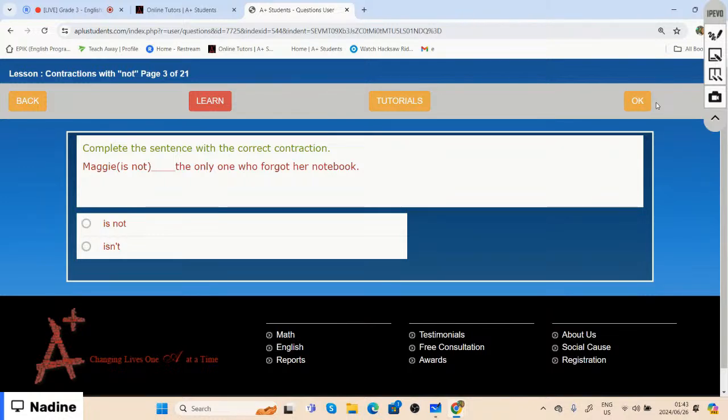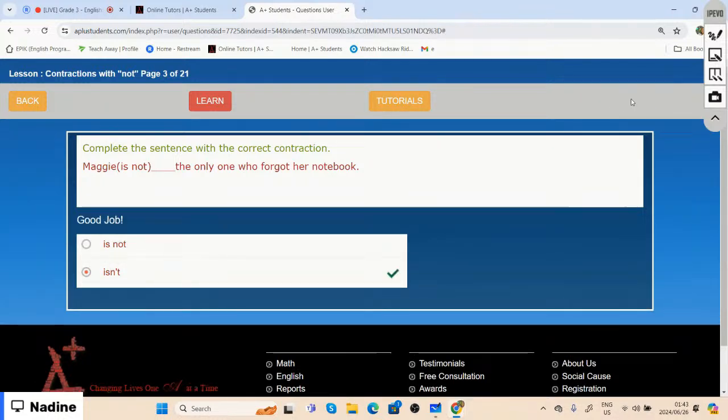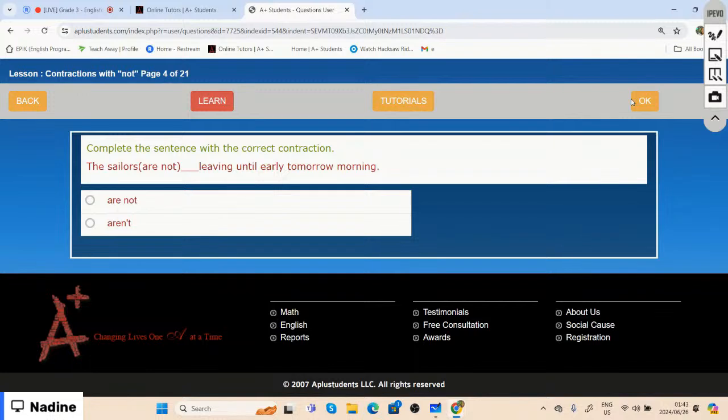We need to look at the contraction. All right, and if we were to choose the correct option, then we can say Maggie isn't, which is option two, the only one who forgot her notebook. Right? So well done. Isn't is correct.